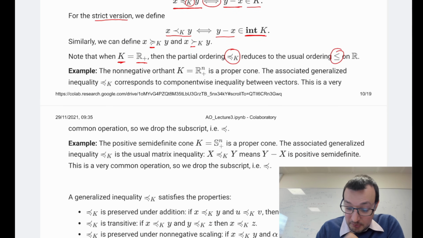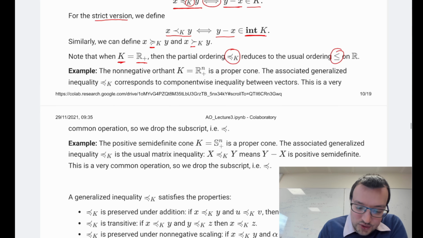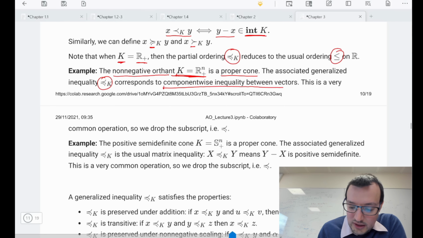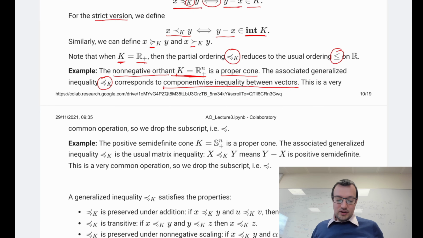Two basic examples of generalized inequalities are the ones that are defined on the non-negative orthant and on the positive semi-definite cone. Let's look at the first one. If we take the cone R plus to the power n, which is the non-negative orthant, then of course this is a proper cone, as I just made it as an example above, and the associated inequality corresponds essentially to the component-wise inequality between two vectors, because what you are requiring is that all the components of the vector are going to be positive, as I explained above.